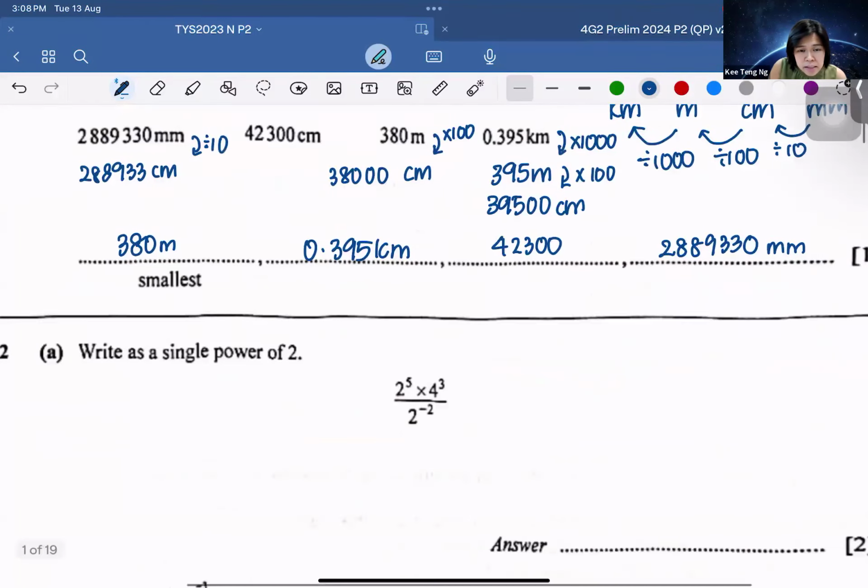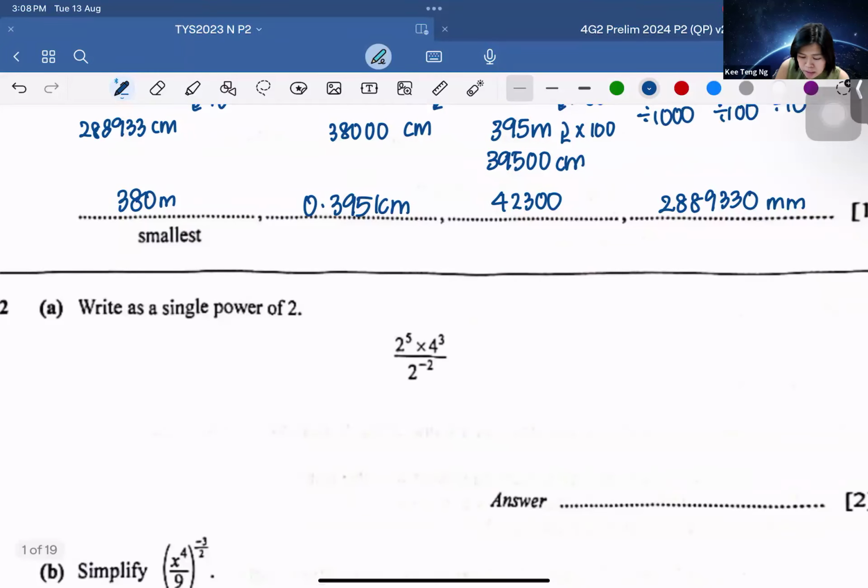Write the whole thing as a single power of 2. Single power of 2 means 2 is going to be my base, right? So when we have multiplication, what happens to the power? When you multiply, the powers add up together. So I'm going to simplify this first.